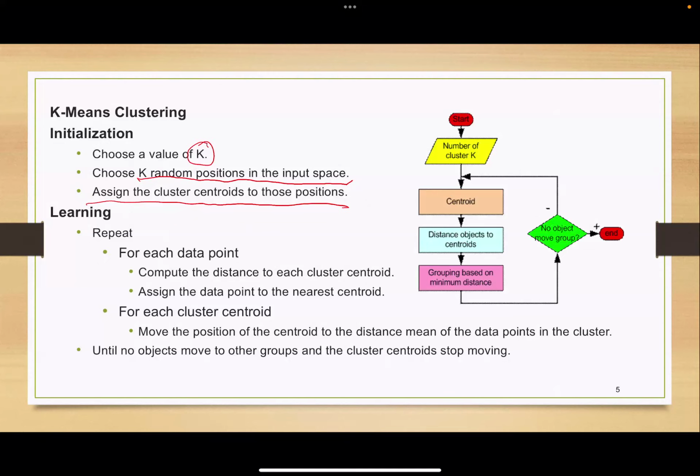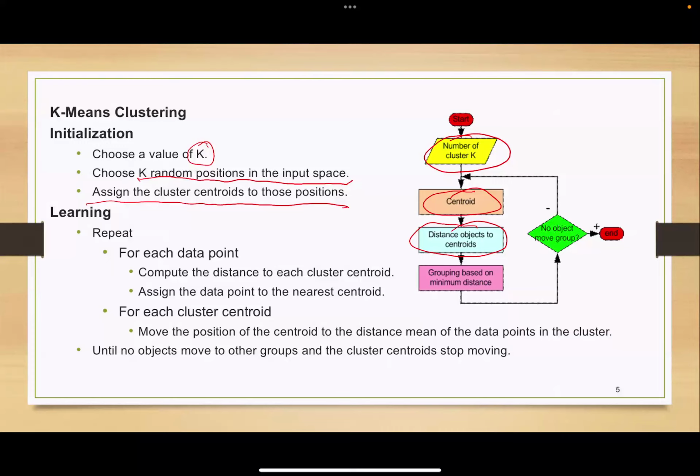Okay, so here is a flowchart. At the beginning, we decide the number of clusters we want. This is like how we define the k in KNN. And then we initialize some centroids. Then we calculate the distance of the object to the centroid. This is also very similar to how we calculate distance in KNN.